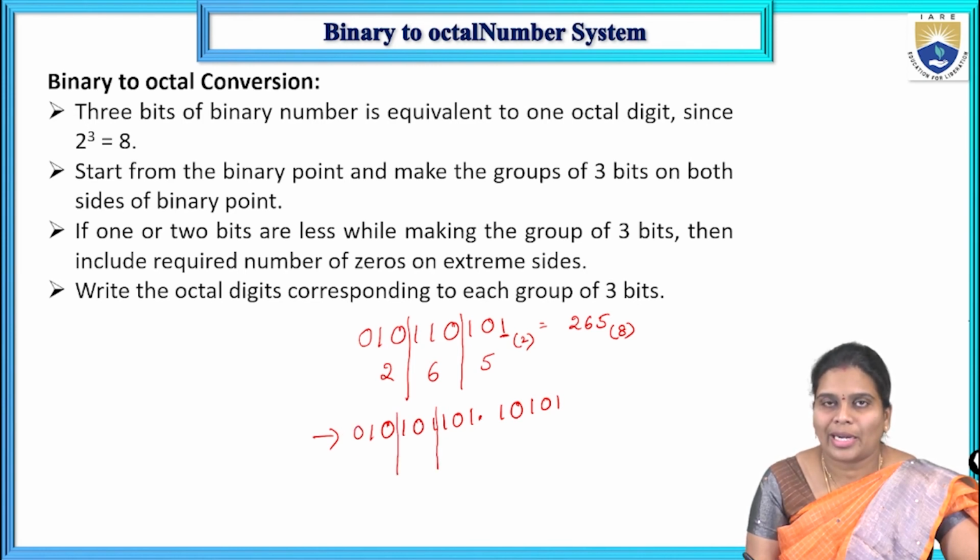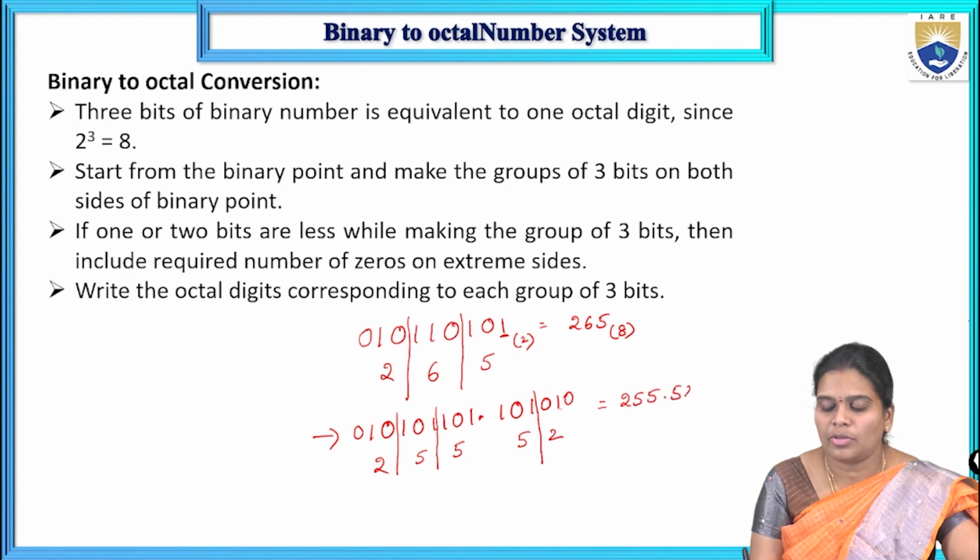Coming to the point right side, here also we separate 3 bits, and we have only 2 bits, so we add a 0. Now we write the values: 5, 5, 2, 5, 2. So the equivalent value is 55.52.